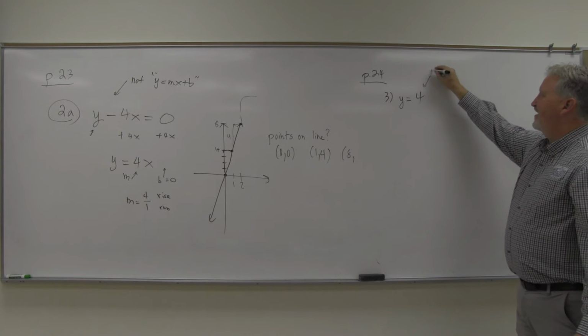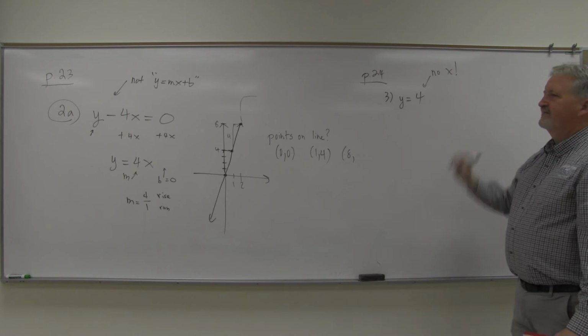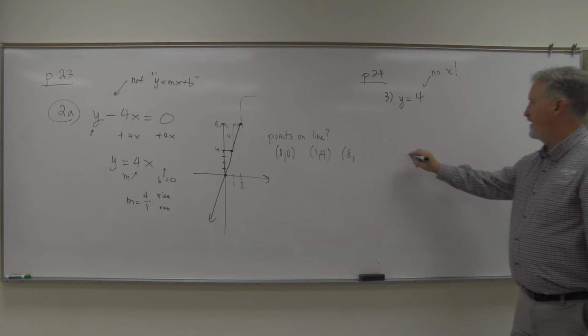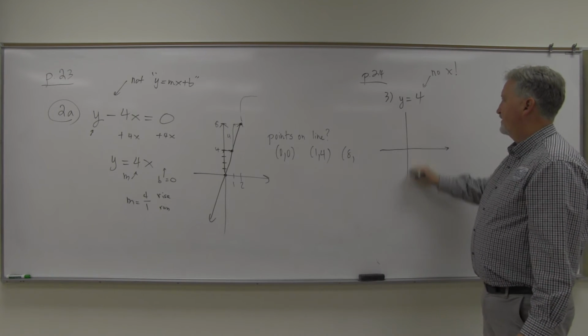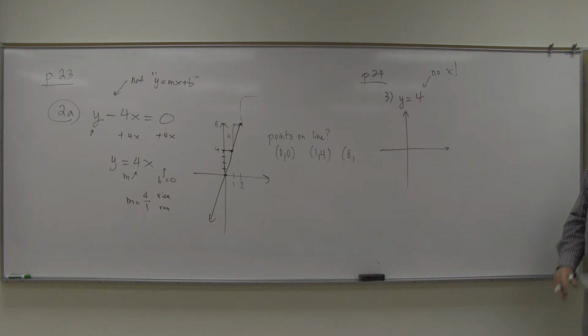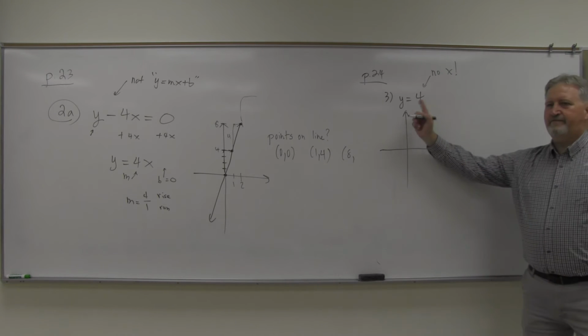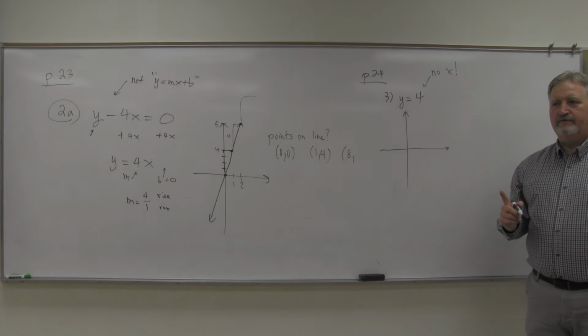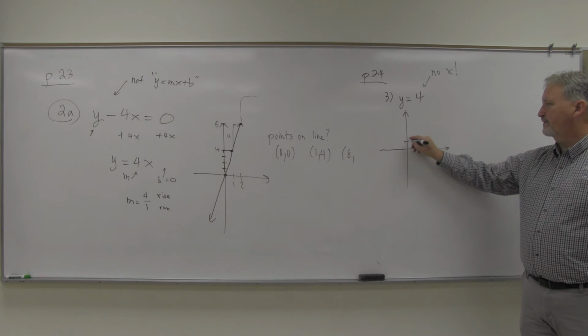There's no x in it, right? No x in it. Well, if you think about that, so if I come to the graph, really, the key to this one is just recognizing what you got here, I think. Best way to do it. What this is telling me is the y is locked in to be 4.